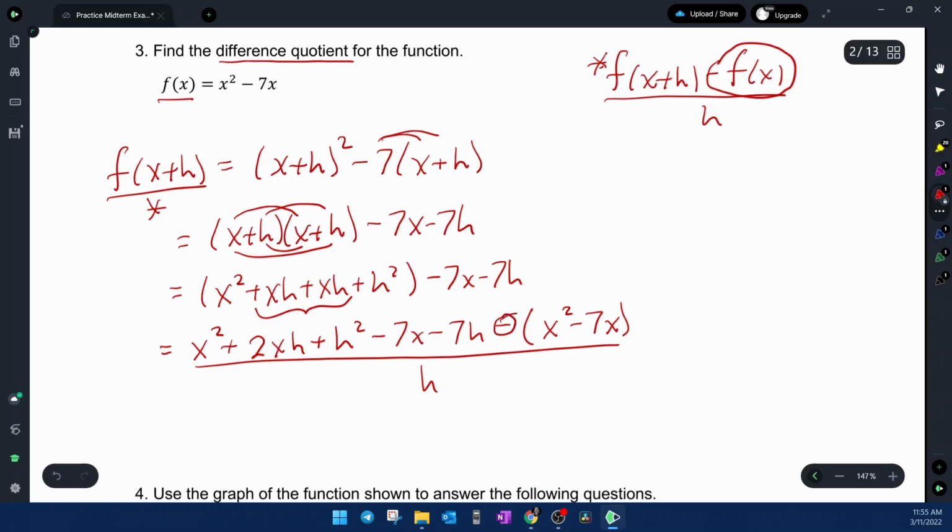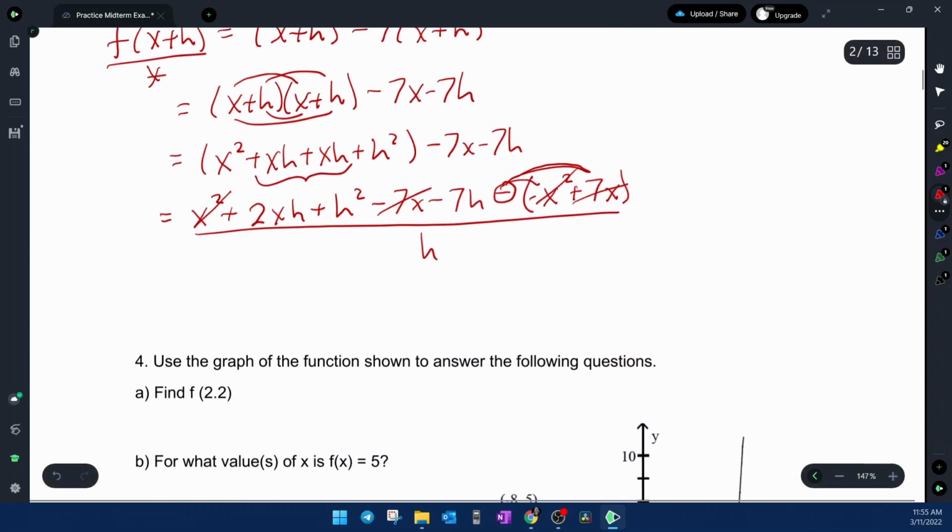So this negative needs to distribute. That's going to give me a negative x squared, which will cancel out the positive x squared. Here the negative and the negative, that'll make that a plus 7x. That will cancel the minus 7x.